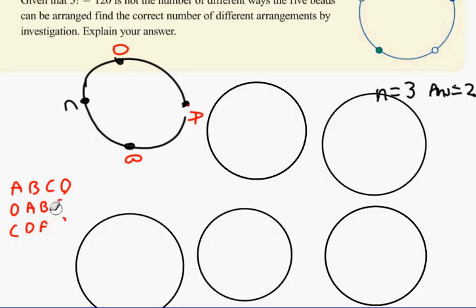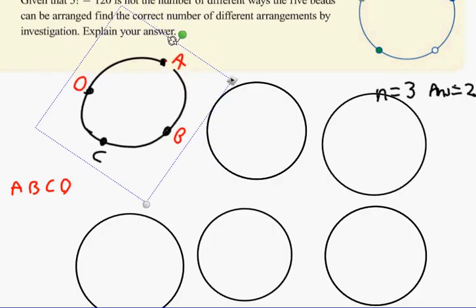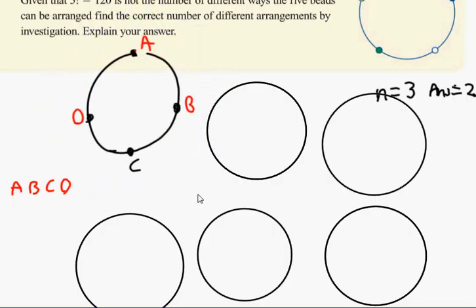I'm going to fix A at the front, and we're going to keep A at the very top position. We're never going to change A out of there. And now we're going to come up with different combinations of A. If we change C and B, does that work?